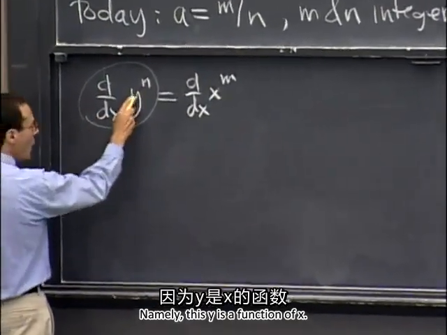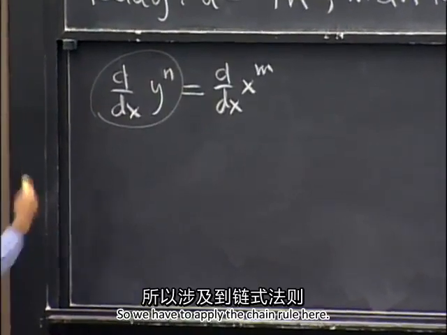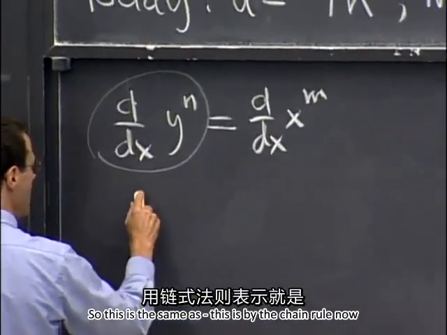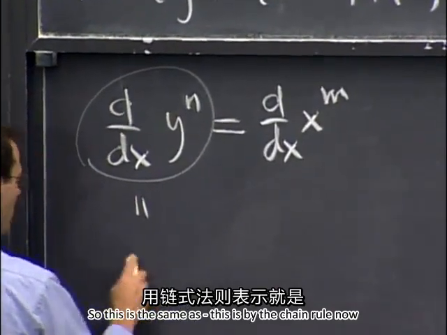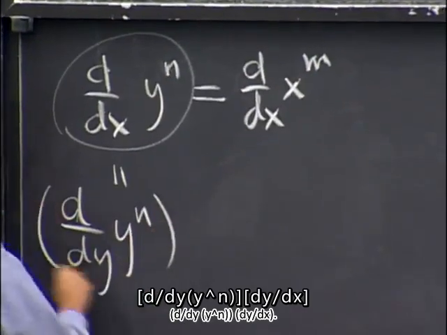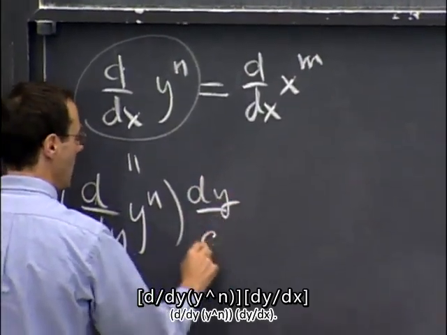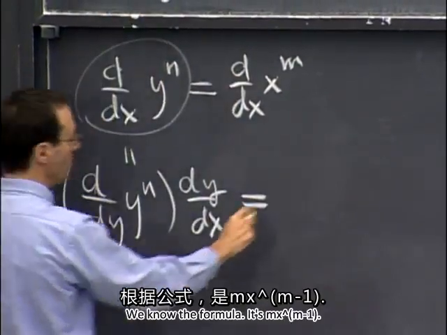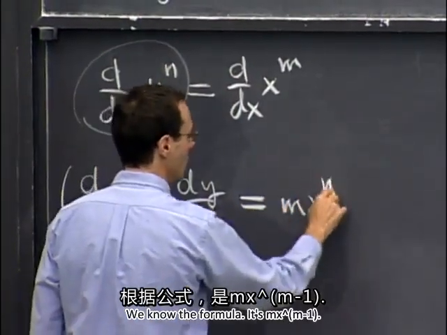Namely, this y is a function of x. So we have to apply the chain rule here. So this is, by the chain rule now, d by dy of y to the n times dy dx. And then on the right-hand side, we can just carry it out. We know the formula. It's m x to the m minus 1.